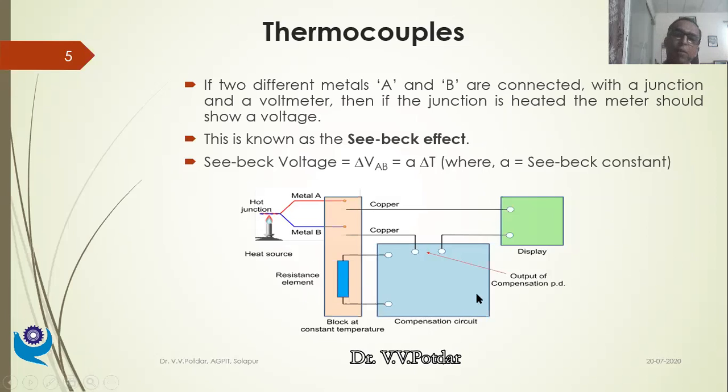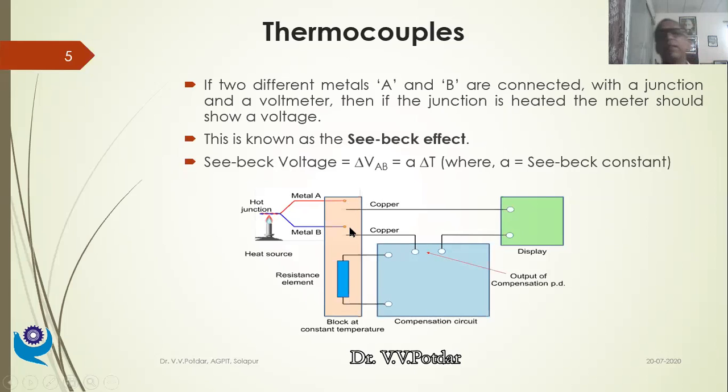Forget about this balancing circuitry; we'll be studying this in detail in the second part. We are interested in the transducer part: how the heat is converted into a temperature difference and how the temperature difference is converted into a voltage difference. That voltage difference I measure, and I use some compensating circuitry so that I get a digital display of this temperature.